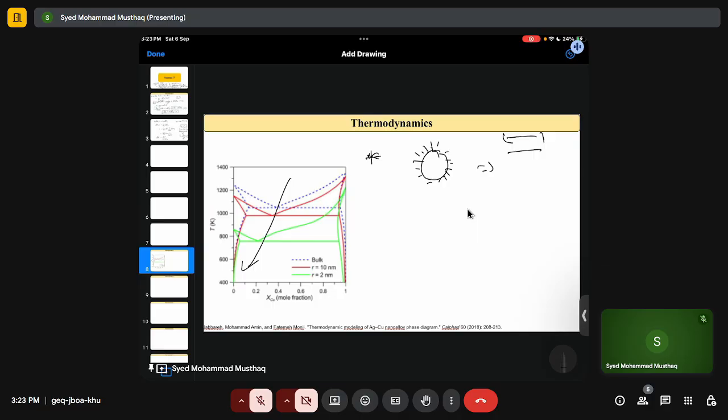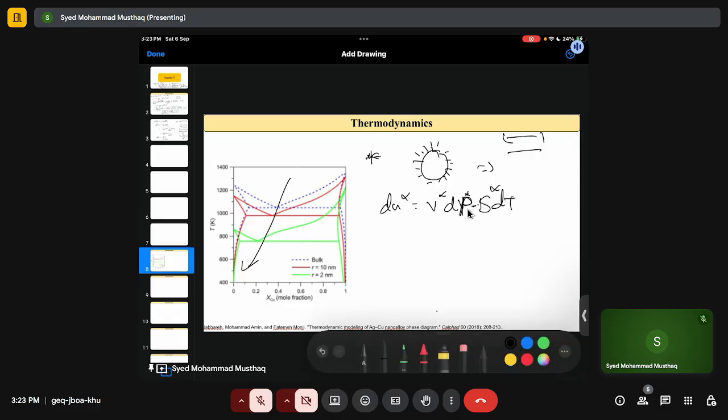Right? Because I can write it. dG alpha will be equal to V alpha, change in volume of alpha, V dP, change in pressure, minus entropy of alpha dT.